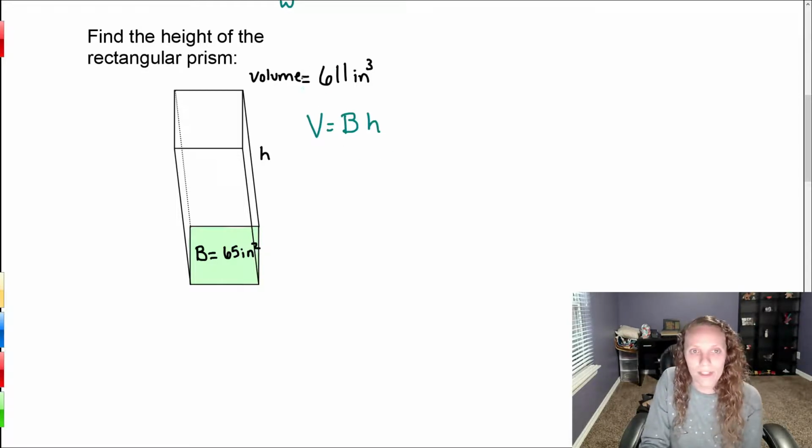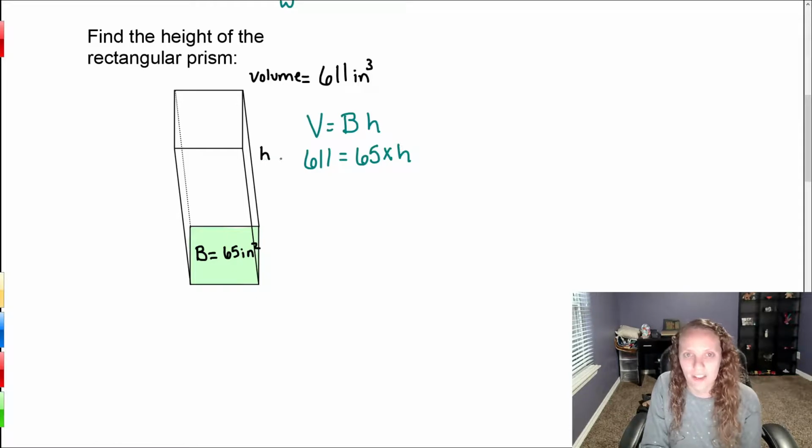Well, this time we know the volume is 611, so I'm going to plug that in for the capital letter V. So 611 goes on this side. Big B, the area of the base, is 65, so I'm going to plug that in. And then we're going to multiply it by the height. Well, we don't know what the height is. All we see is the letter H. And so I'm going to do times H.